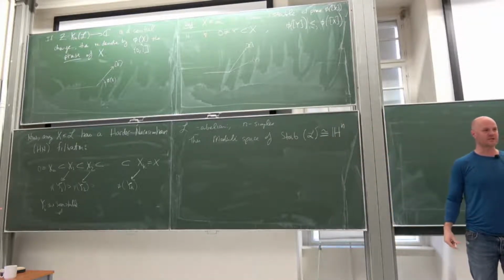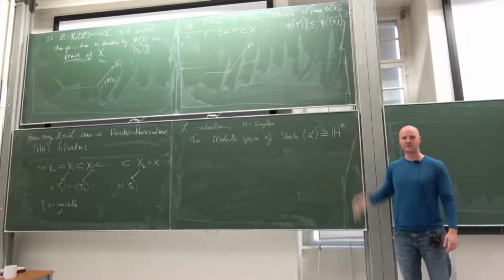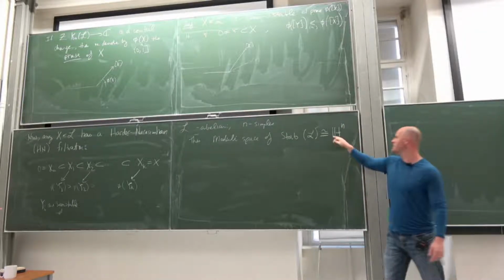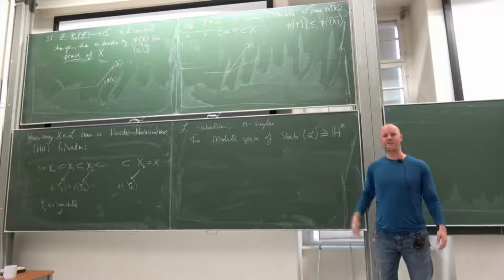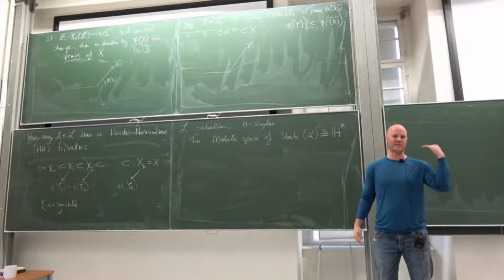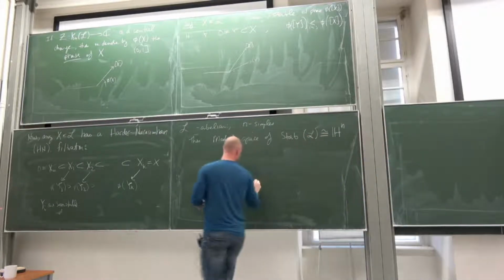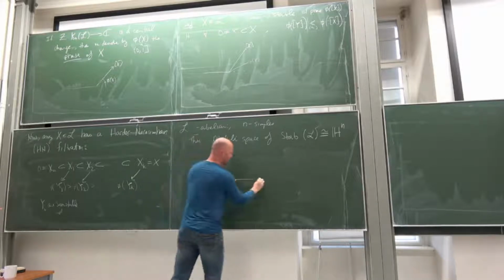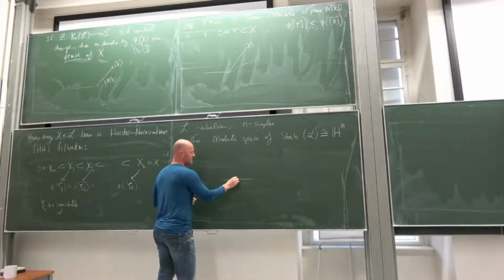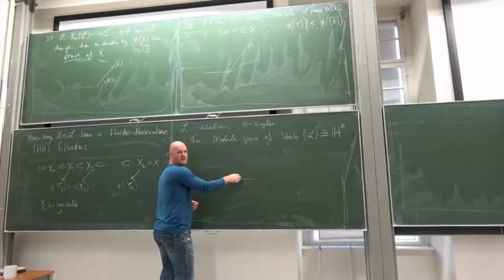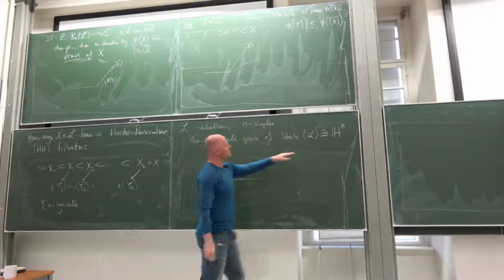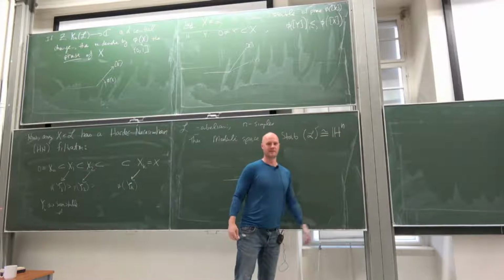The space of stability functions is parameterized by H to the n, which is basically a complex manifold. It's not quite a manifold, because you could have stability functions which have some values here. So if you had a point here, it's only going to have a half-open neighborhood. So this is almost, but not quite, a manifold.